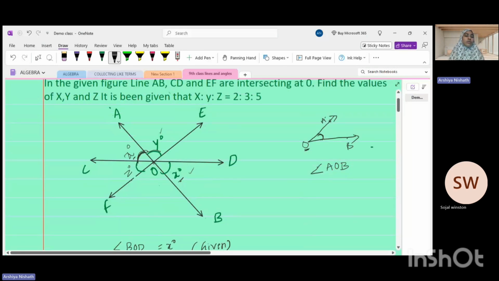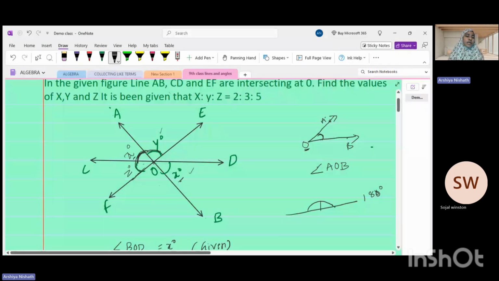Now if you observe, angles Z, X, and Y are lying on this straight line. We know that a straight line is nothing but 180 degrees. So what is the relation when angles are forming on a straight line?